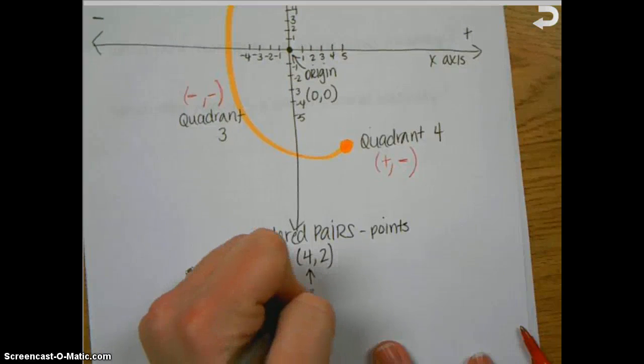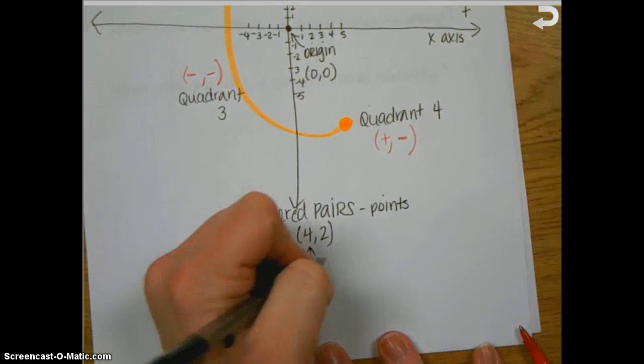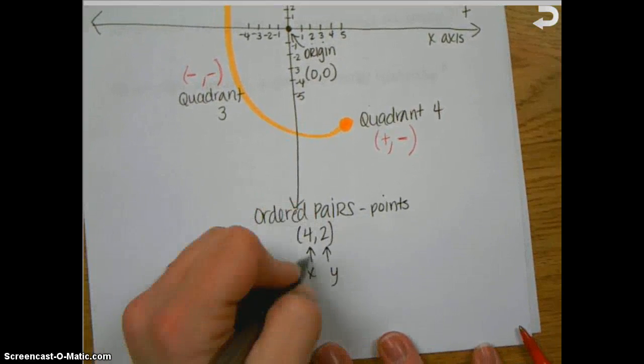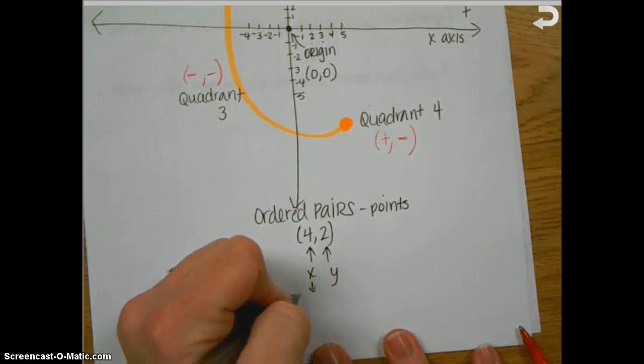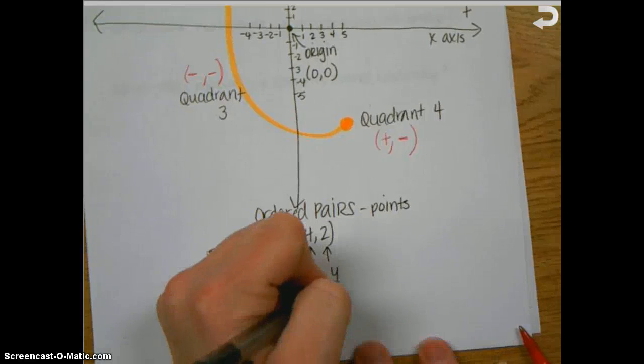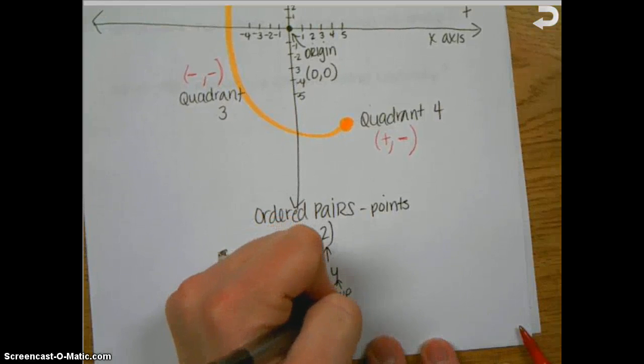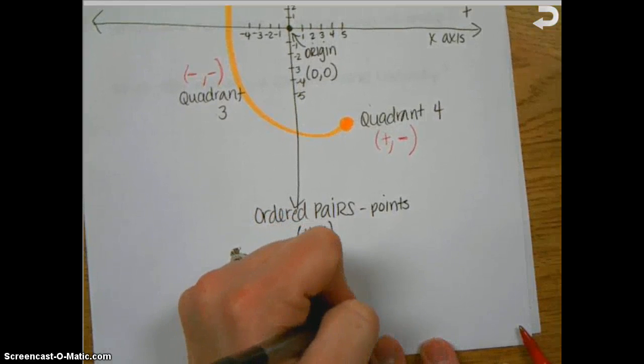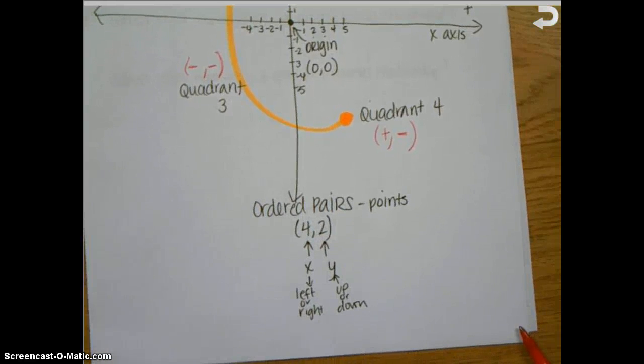The 4 is your x, the 2 is your y. The x tells you left or right, and the y tells you up or down. Like I said, pretty basic. You probably already knew it, but that's pretty much all you need to know.